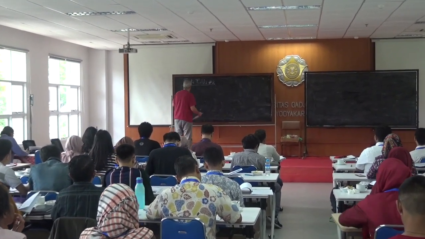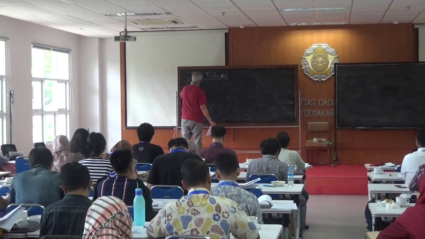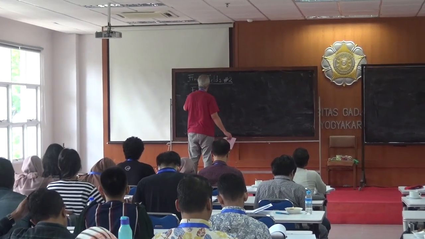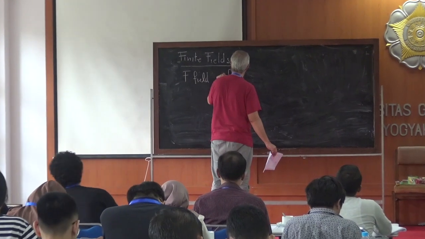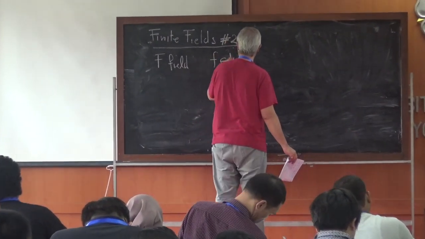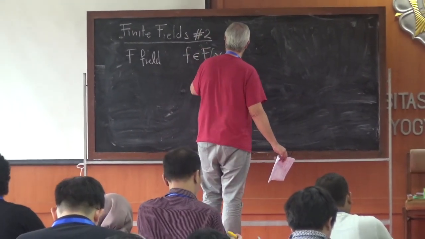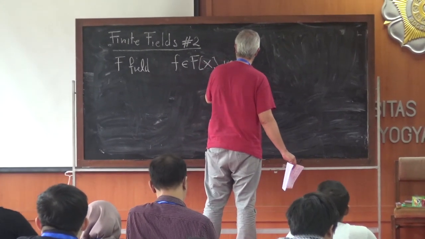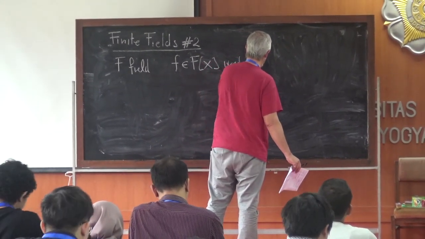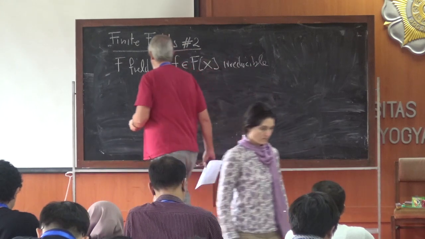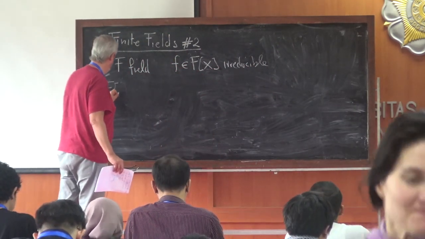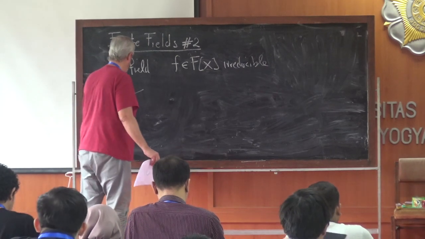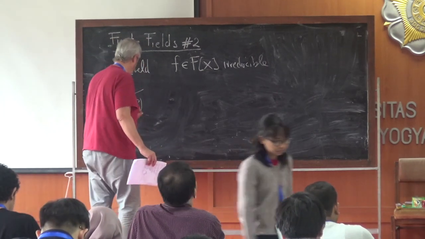And so from yesterday, we consider F a field, and then f a polynomial, which is irreducible. And then we gave a structure to this set, which I'll call the quotient.